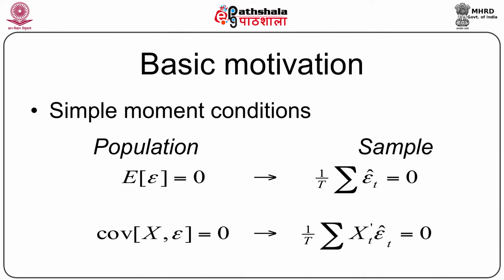From that, you can generate the sample mean, which is the simple average of the estimated residual. The second assumption that we use is that the covariance between x and the disturbance term is 0, that is, the explanatory variable x is not correlated with the error term epsilon. This gives us that the covariance between x and epsilon hat, the estimated residual, is equal to 0.